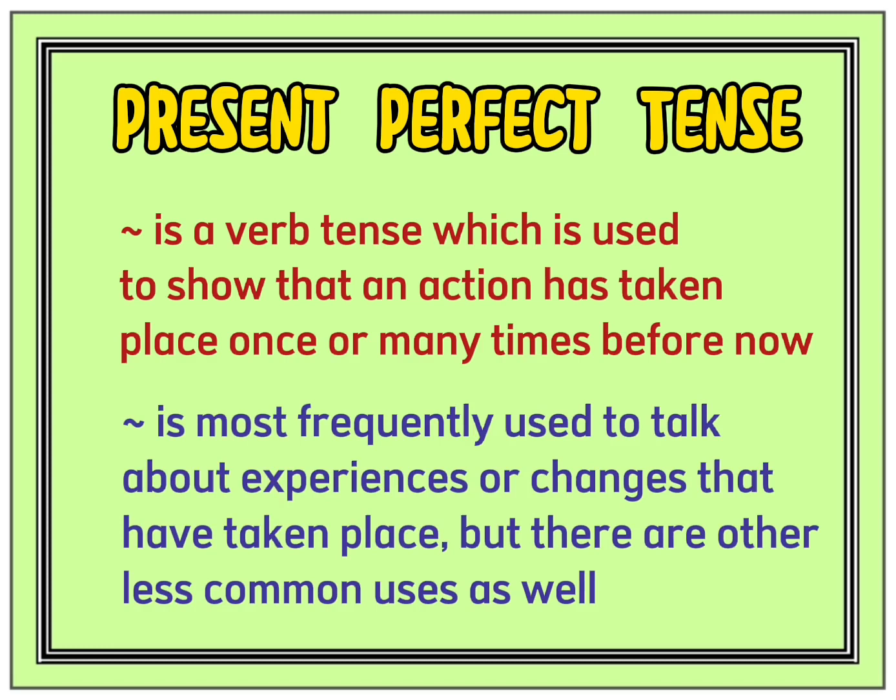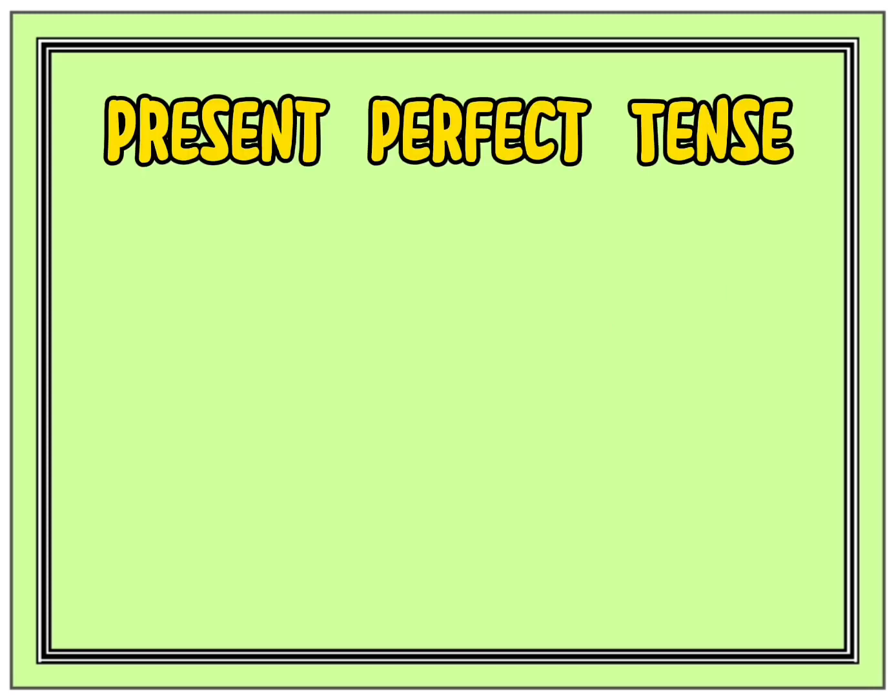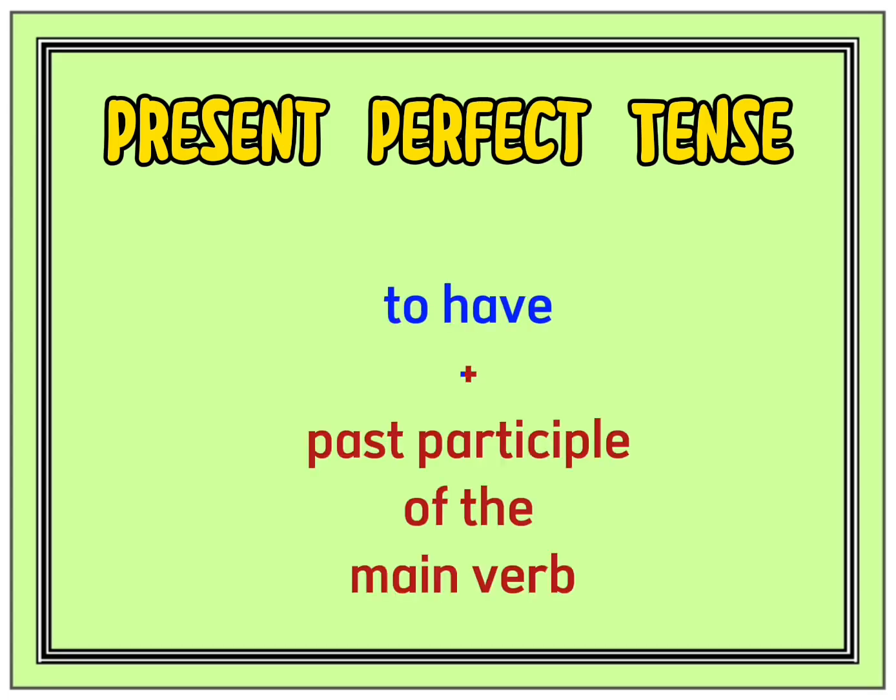The present perfect is most frequently used to talk about experiences or changes that have taken place, but there are other less common uses as well. The present perfect of any verb is composed of two elements: the appropriate form of the auxiliary verb to have plus the past participle of the main verb.